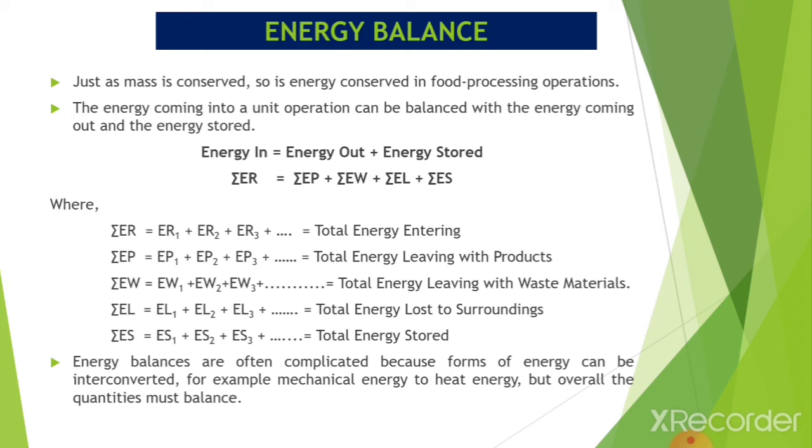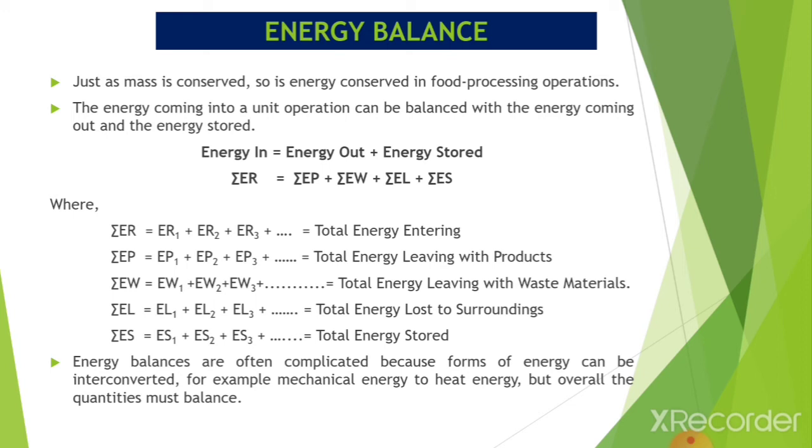That is, energy in is equal to energy out plus energy stored, shown by the equation summation ER is equal to summation EP plus summation EW plus summation EL plus summation ES, where summation ER is the total energy entering along with the raw materials, and summation EP is the total energy leaving with the products.